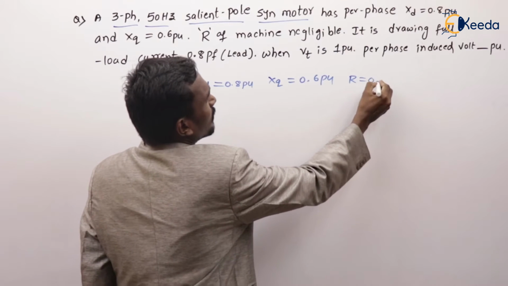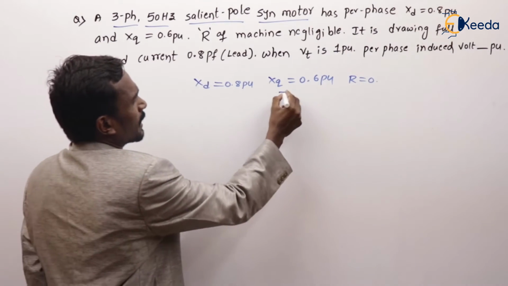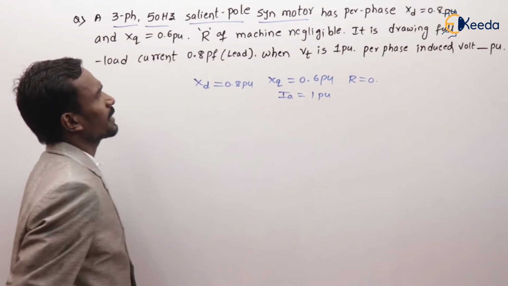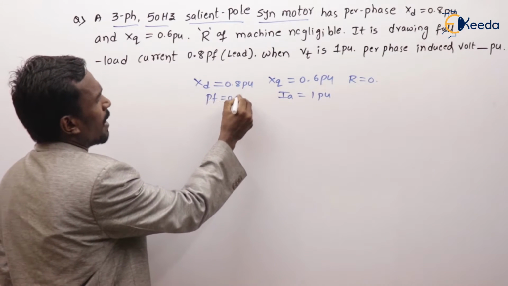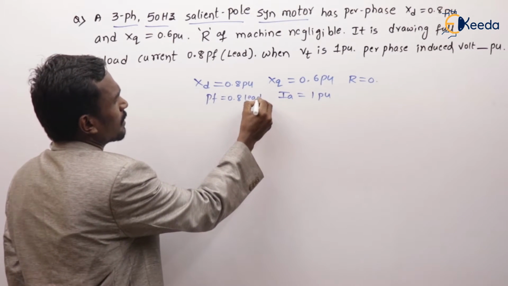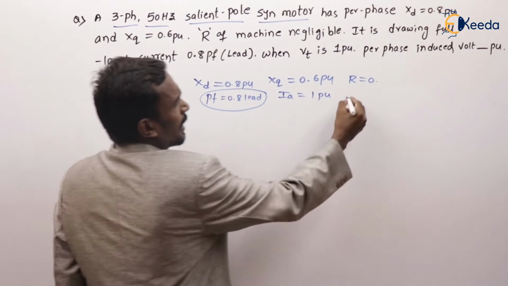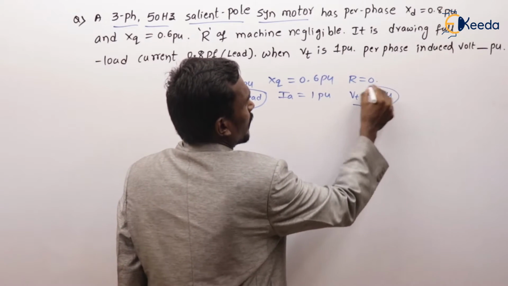Resistance neglected. Drawing the full load current, Ia is equal to 1 per unit, power factor 0.8 leading. Terminal voltage 1 per unit.